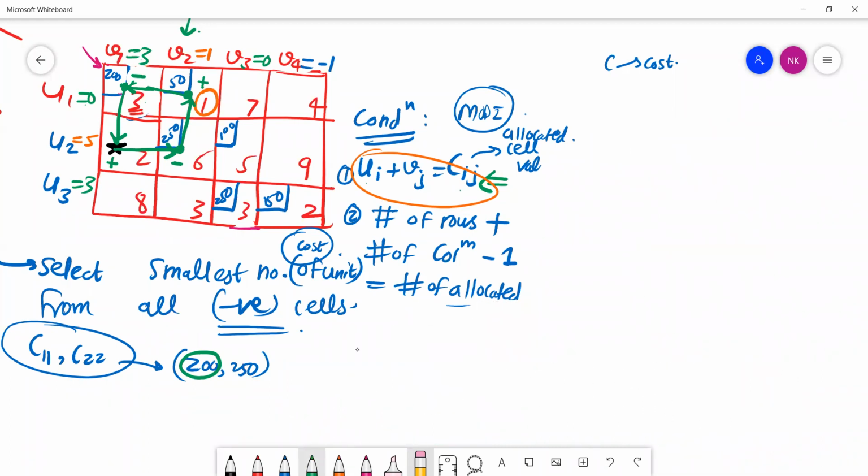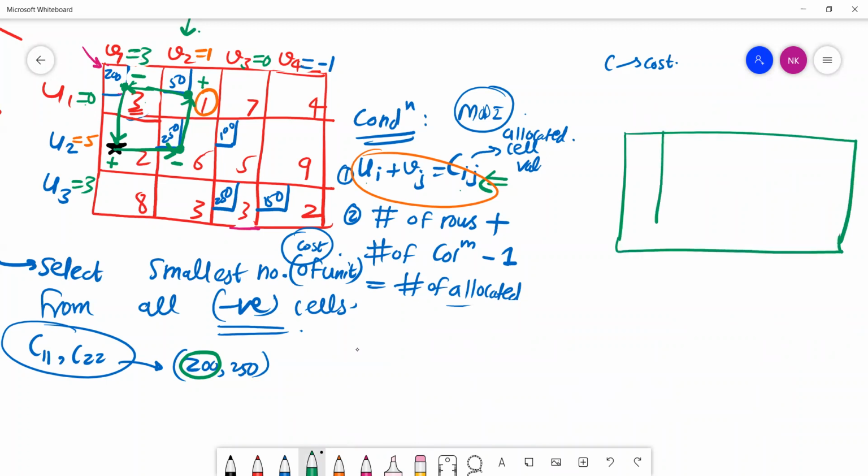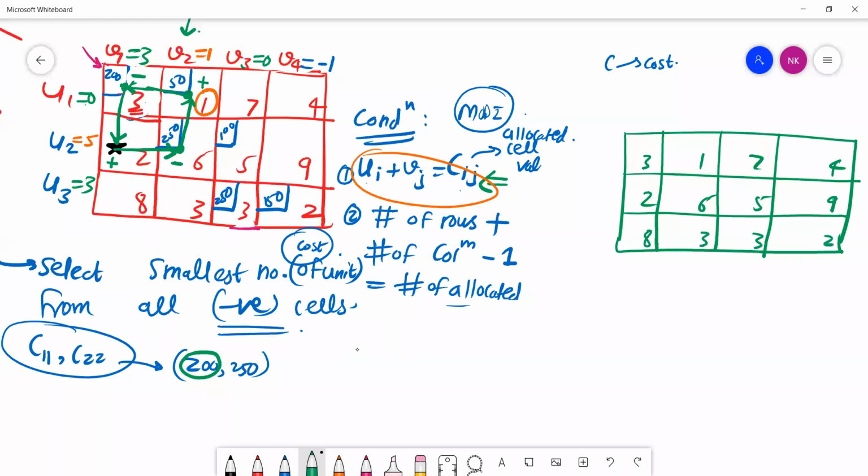Okay, now I am again drawing the entire matrix over here. 3, 1, 7, 4, 2, 6, 5, 9, 8, 3, 3, 2.